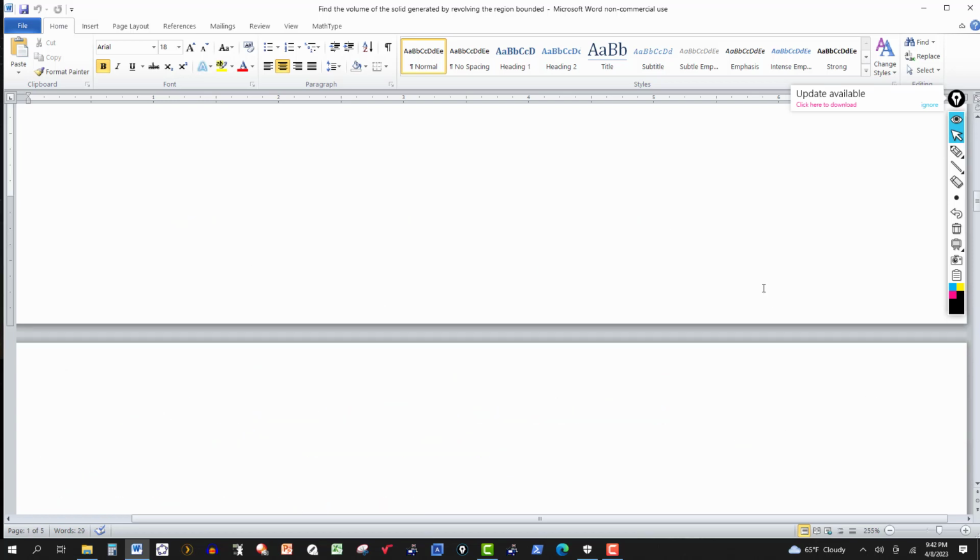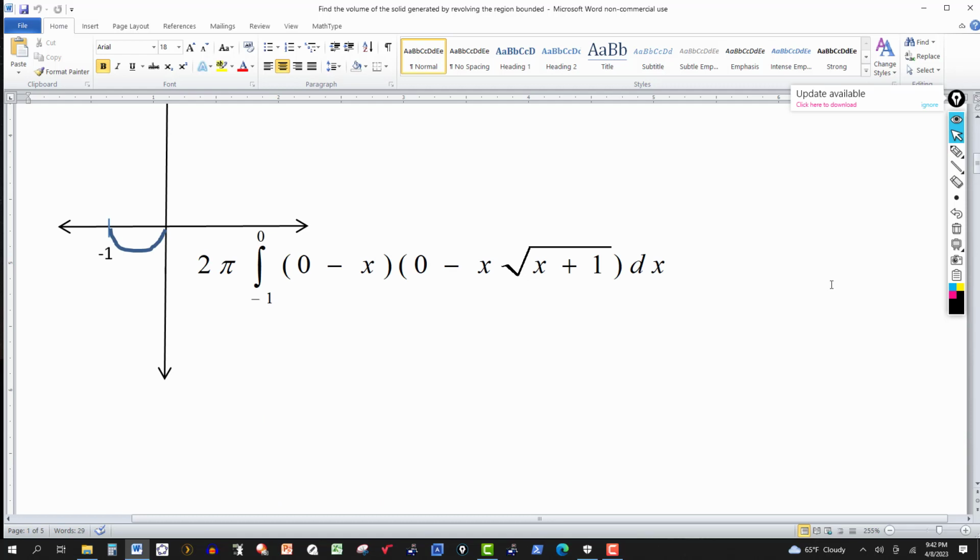So now let's look at what we have. So here's the graph, or part of the graph, at least the part we're looking at. This graph actually goes up this way, like that. But we're not interested in that part. We only want the region that's bounded by the function they gave us and the x-axis, which is y equals 0. So here's what we have then. We use the shell method again.